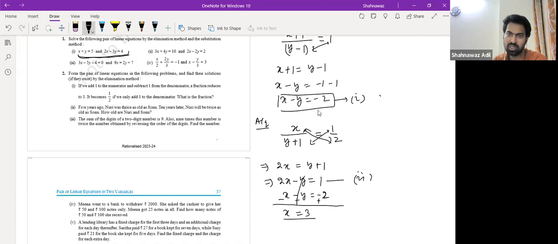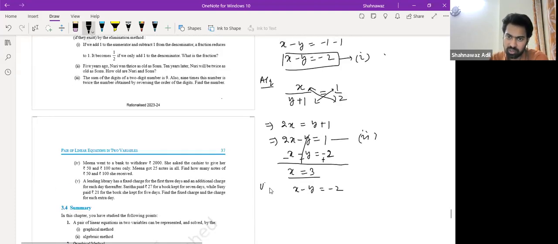So x is 3, and what was this? x minus y was minus 2. So using this first equation, x is 3, minus y is minus 2. So minus y is minus 2 minus 3. So minus y is minus 5. So y is 5. Right.